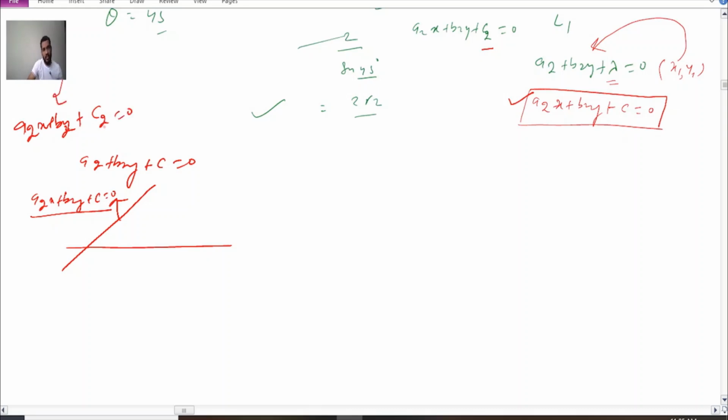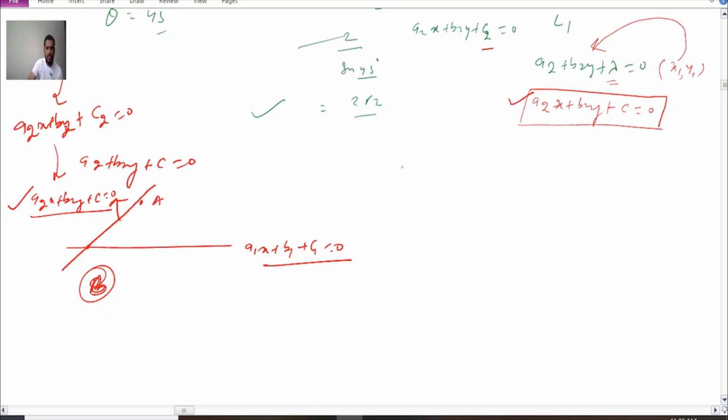Initially this was the given line, and by using the concept of parallel lines we can find this line. Now this one is a1x plus b1y plus c1 equal to 0, a known line. This one is also a known line, and we can find the point of intersection, say B, and this one is A.